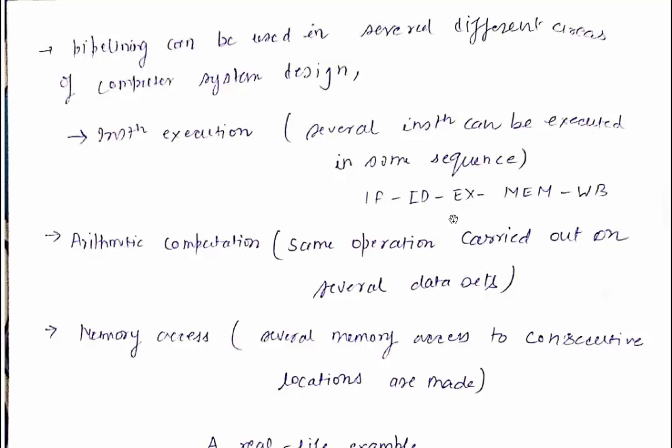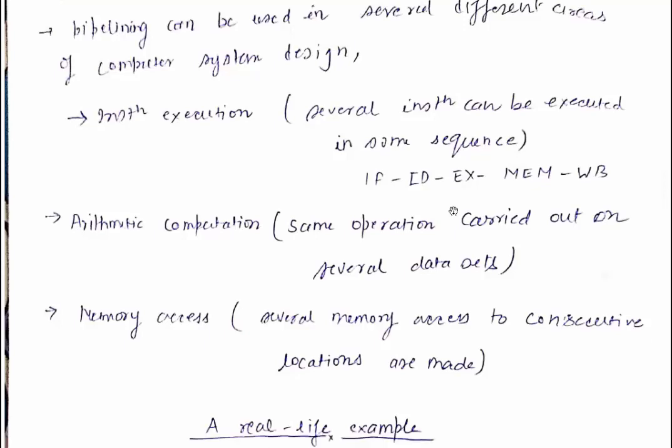Now if we do that one by one, it would take a huge amount of time. So why don't we access the memory consecutively, so that we can fetch many instructions, and one by one each instruction would be executed. Several memory accesses to consecutive locations can be made, and if we do so, we will save a lot of computation time.